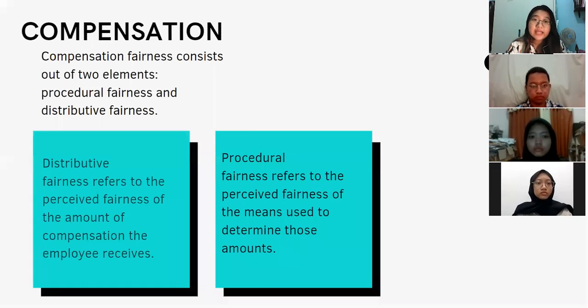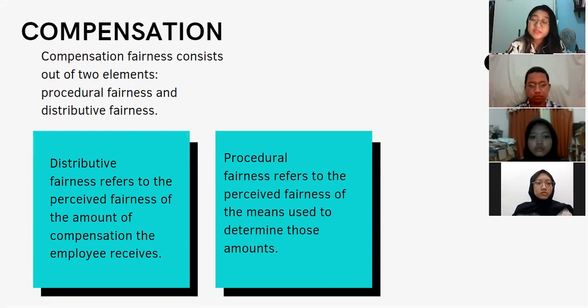The next is compensation. Compensation is the total cash and non-cash payment that you give to an employee in exchange for the work they do for your business. It is typically one of the biggest expenses for a business with employees. Compensation fairness consists of two elements, procedural fairness and distributive fairness.